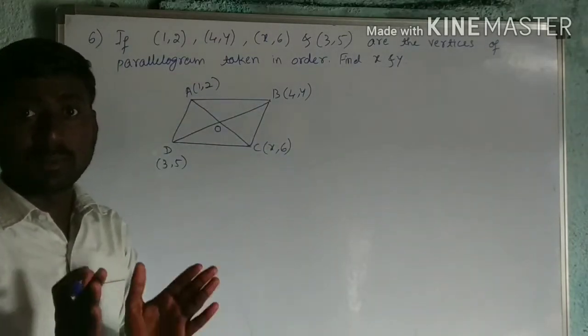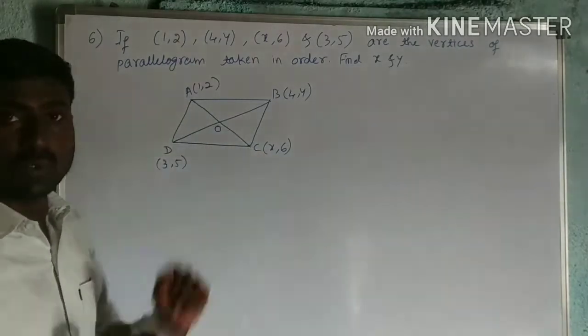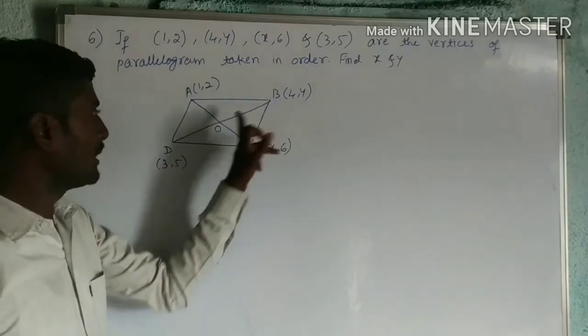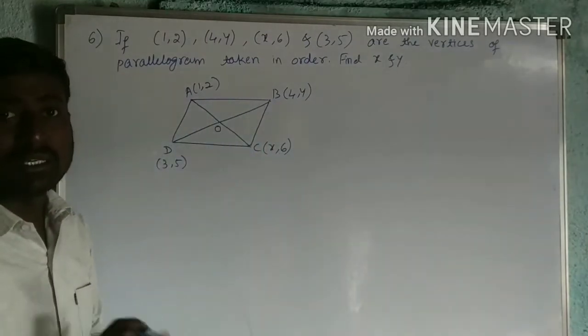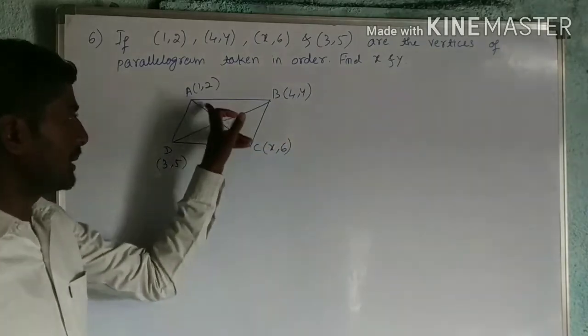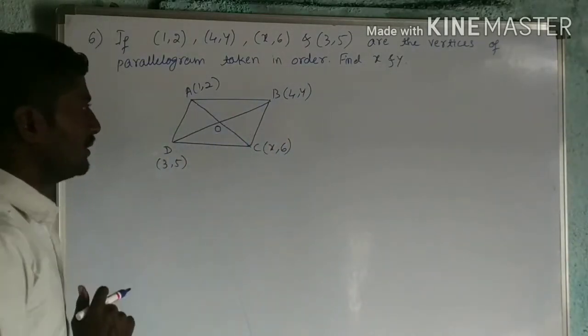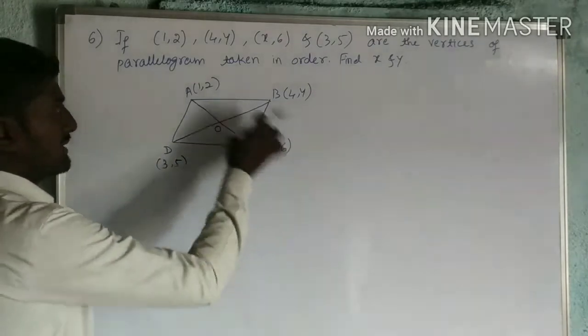So the diagonals bisect each other, which means OA is equal to OC and OB is equal to OD. O is the midpoint of BD and also the midpoint of AC. Now we have to find x and y.